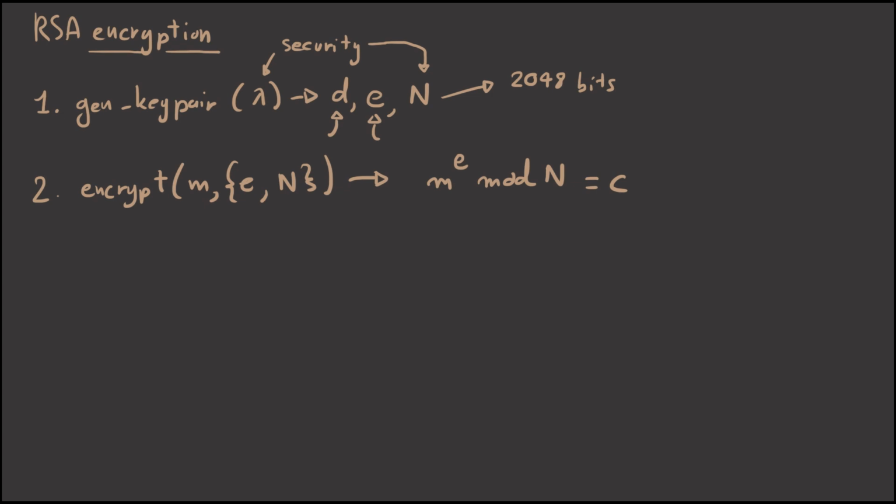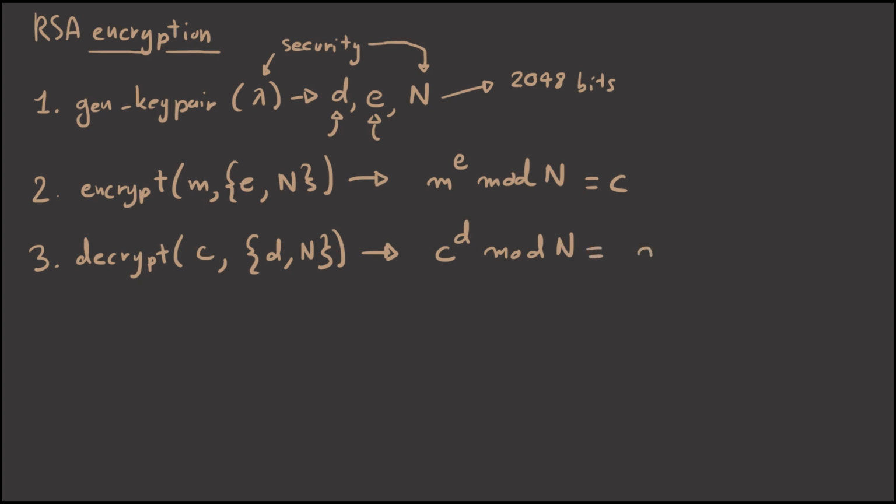This is the ciphertext. Now, this is asymmetric encryption, so somebody can decrypt with the knowledge of the private key. We take the ciphertext, the private key and the public modulus, and we raise the ciphertext to the power D mod N, which is equal to M to the power E times D mod N, which is pretty much M mod N. We get back our plaintext.